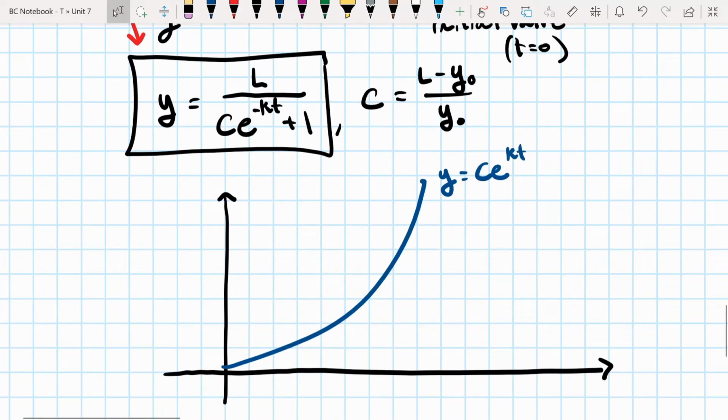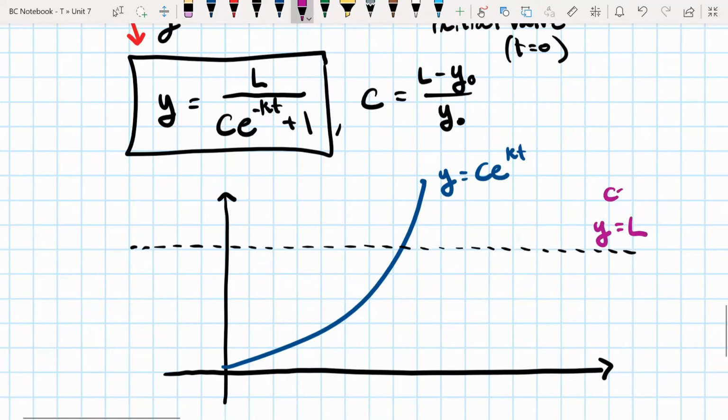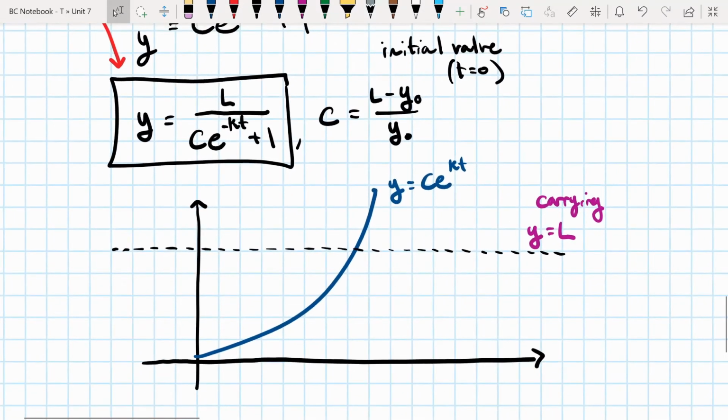The solutions to these are different because what happens is they level off at a value here. That value is called the carrying capacity, which we talked about a little bit earlier. So this is the carrying capacity right here.